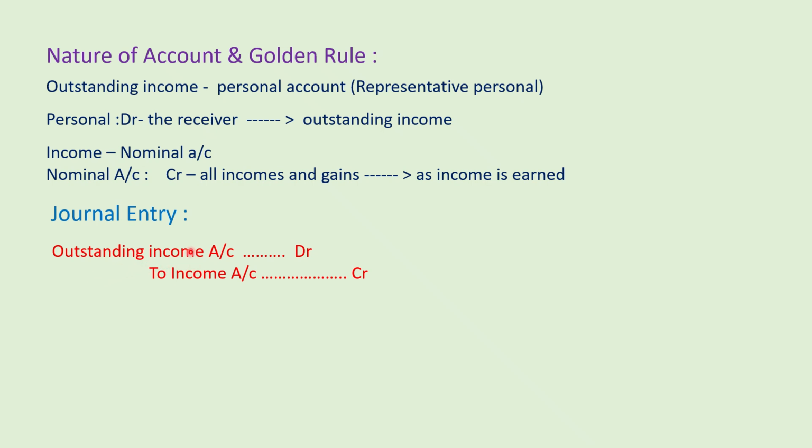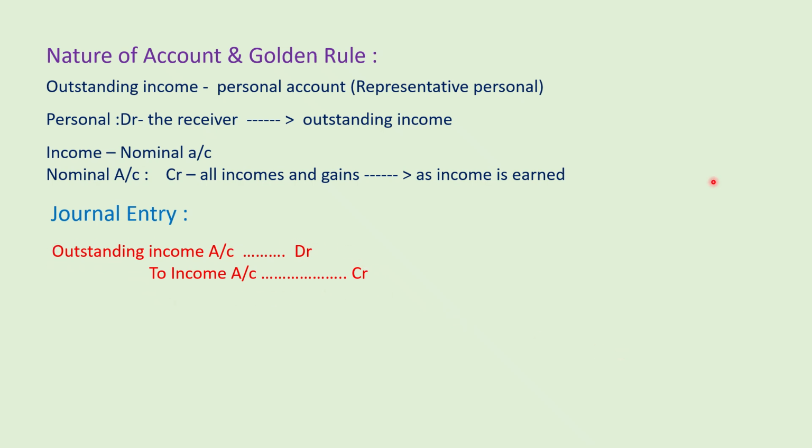That's why we show it under debit the receiver. Remember, receivable, receiver, under personal account. So outstanding income account debit to income account credit. Remember this journal entry. In accountancy exams, they will randomly ask this journal entry, so you have to write only this.